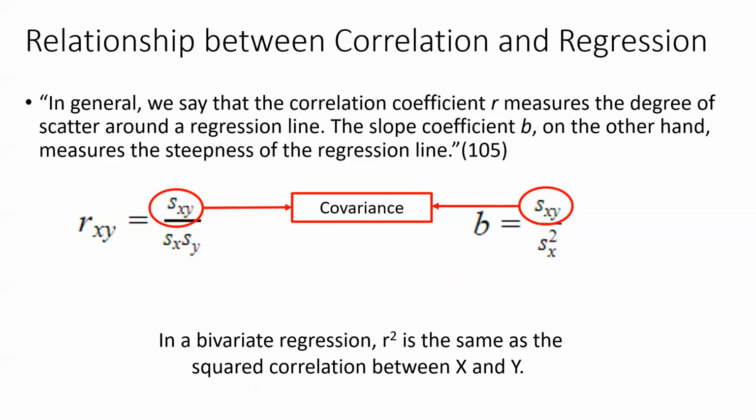But it is true for bivariate, where you have a single independent variable affecting a single dependent variable. In addition, both statistics measure linear relationships. Correlation measures it linearly, and linear regression measures these relationships linearly. And so both are problematic if we're trying to explain nonlinear relationships.